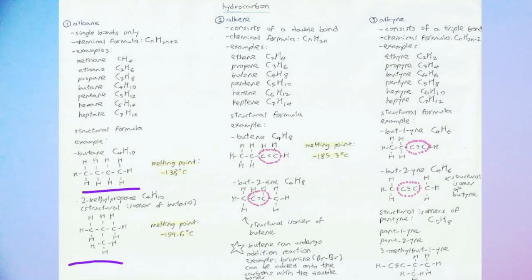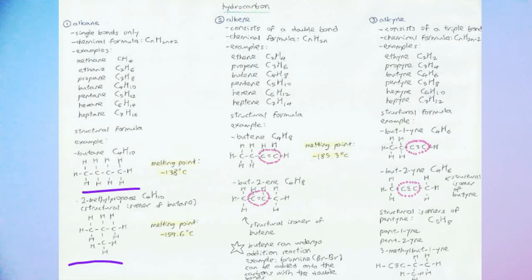Why? When we are talking about these structures here, we know that they are hydrocarbons, which means they are non-polar. The intermolecular forces that can only exist in a non-polar molecule are dispersion forces. So butane actually has a larger surface area of molecules on the outside as compared to 2-methylpropane.